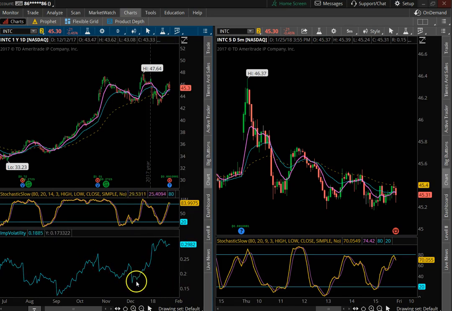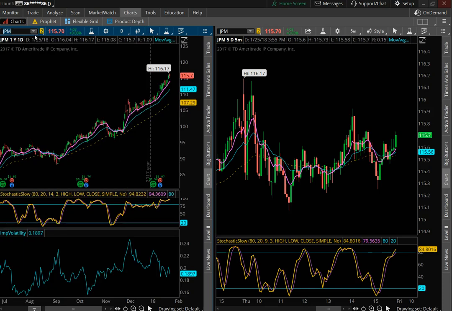Notice what you do with this chart, and this is a really cool thing: you pick a stock that's going to be announcing earnings. Let's say J.P. Morgan. They already announced, but you're going to notice that you have these volatility drops right after the earnings.